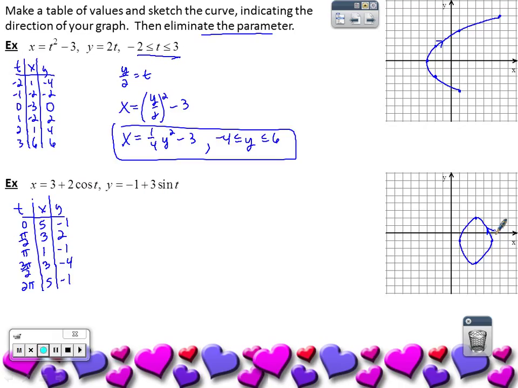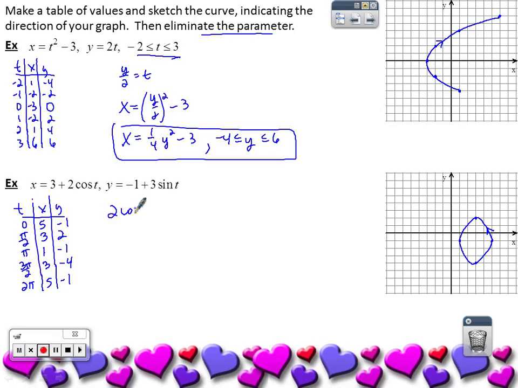And we want to eliminate the parameter. Now, the way we eliminate the parameter with an ellipse is a little different than we did with circles last year. Same concept, but we can't do it exactly the same way because these don't have the same coefficients. So I'm going to show you a different way to do that than perhaps you did it last year. We're going to solve for cosine t and sine t.